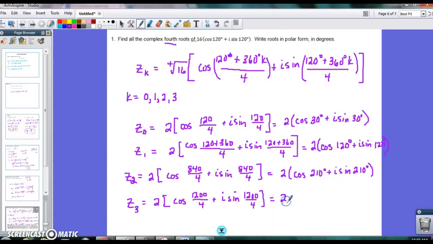And that gives us 2 cosine of 300 plus i sine of 300. And those are your complex fourth roots of the original complex number in polar form. Okay, so that's how you would do that.